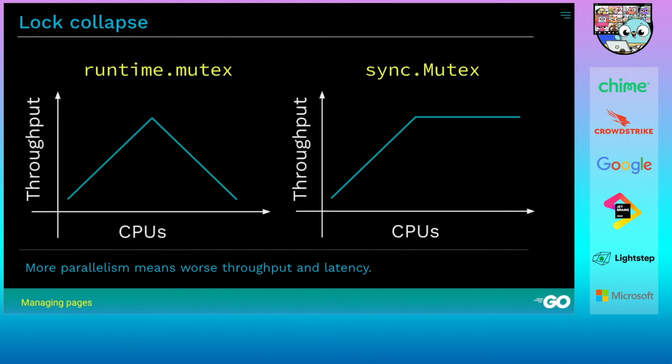On the right-hand side, you have sync.mutex, which works the same way when it knows that there aren't many coroutines vying for the lock. But it has an additional mechanism for when it knows that it is contended, to stave off this sort of collapsing behavior. That is, if a coroutine is waiting, the coroutine that's unlocking will hand it off directly to a waiter instead of letting someone just come in and stomp on those requests.